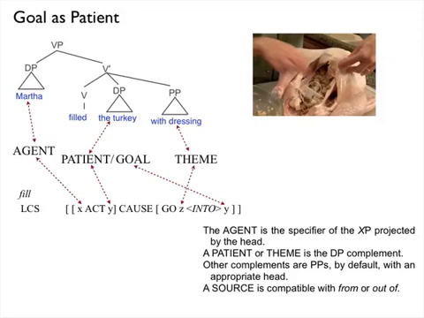If the theme in any sort of event like this is not the patient, then the rule is you must use with. That's completely predictable. So any other verb: stuff the turkey with dressing, stuff the turkey with oysters, anything like that. Fill the library with books. Inflate the balloon with helium.